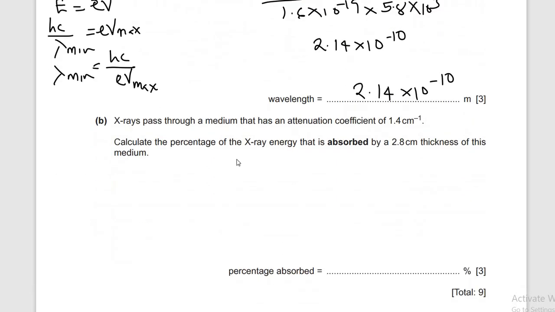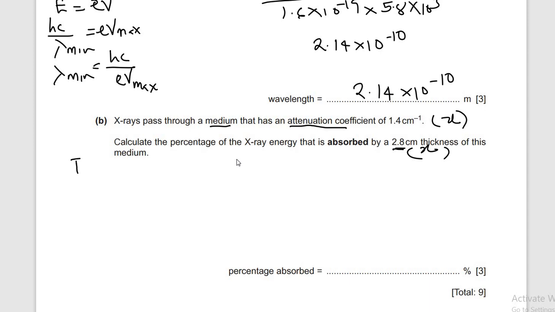The next one. X-ray passes through a medium that has an attenuation coefficient of 1.4 per centimeter. Calculate the percentage of X-ray absorbed by a thickness x of 2.8.